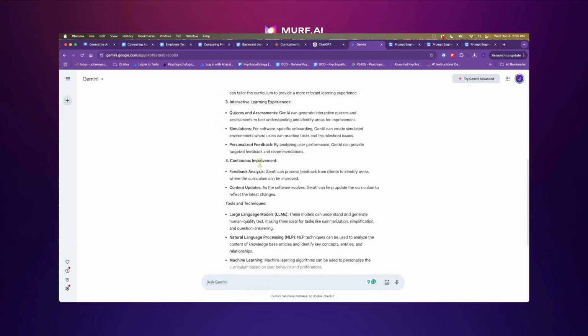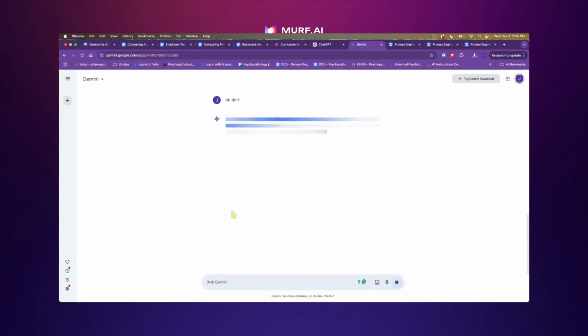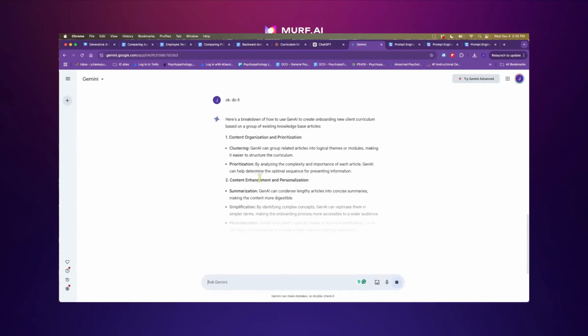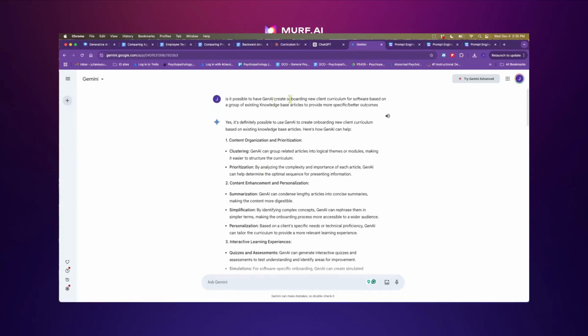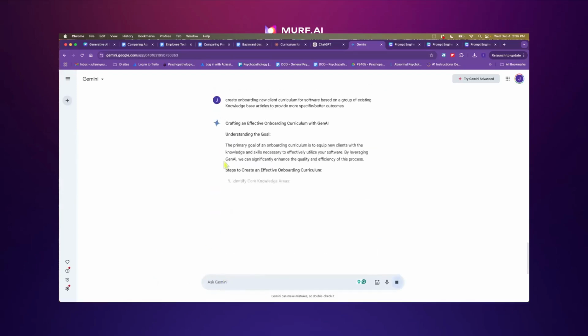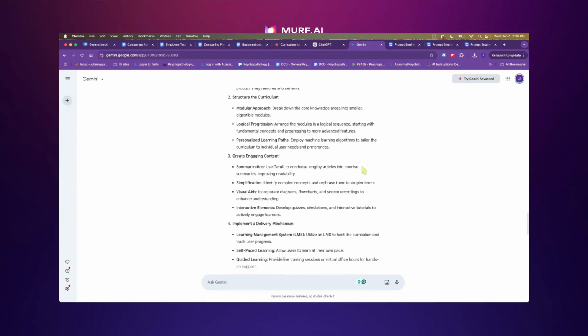Here's how it's telling you how you can help. And then I'm going to say, okay, do it. Oh, it's still telling me how we can use it. Okay, so I'm going to say this, create. So it's showing me how to walk through it.